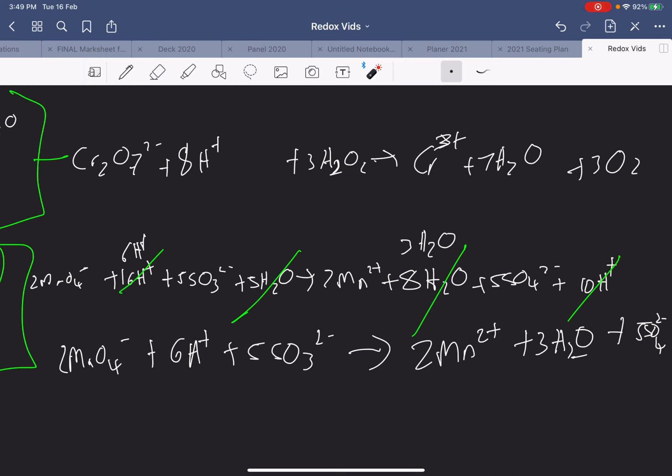There's just one last bit, the charge. 2 times minus 1 is negative 2, plus 6 makes positive 4, minus 2 makes positive 2. On this side, 2 times 2 is 4, plus negative 10 gives you minus 6. So we had over here, sorry, we had negative 2 plus 6 minus 10.